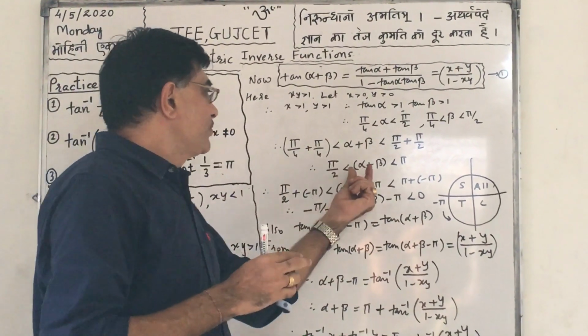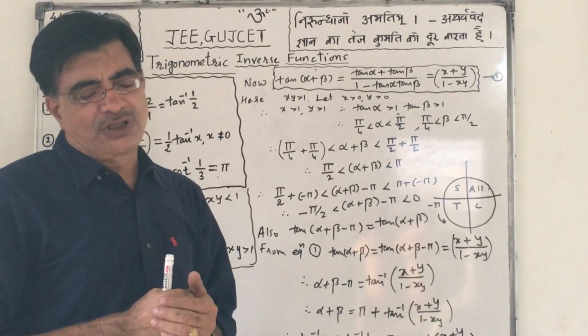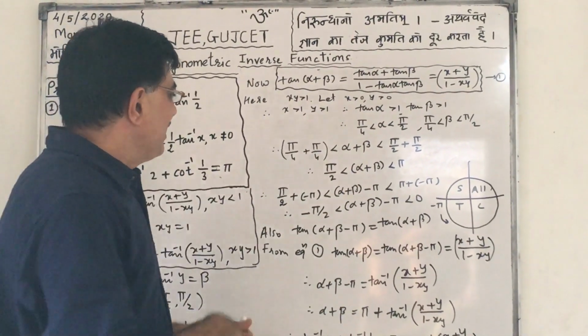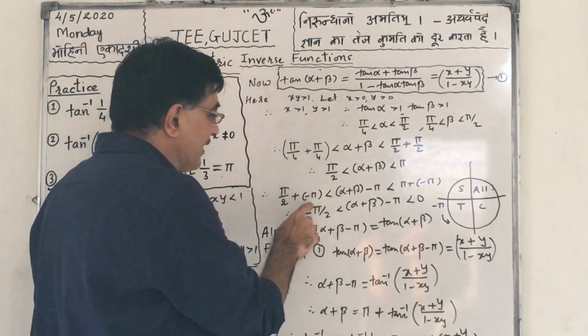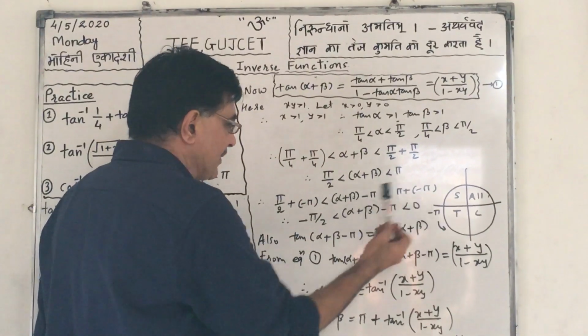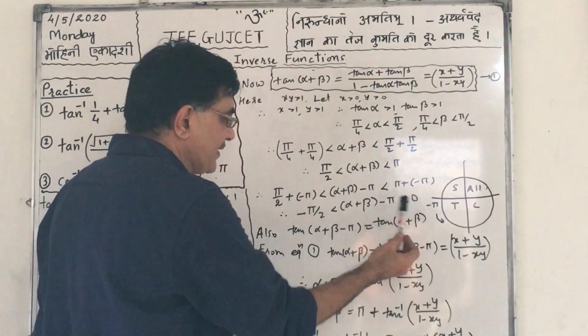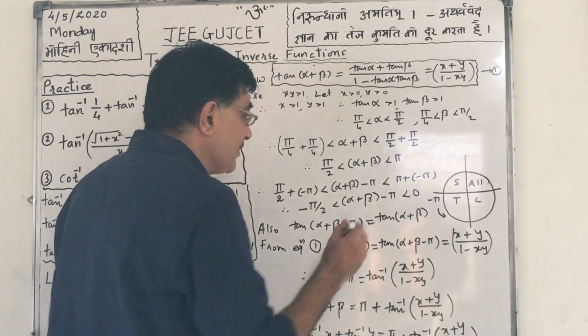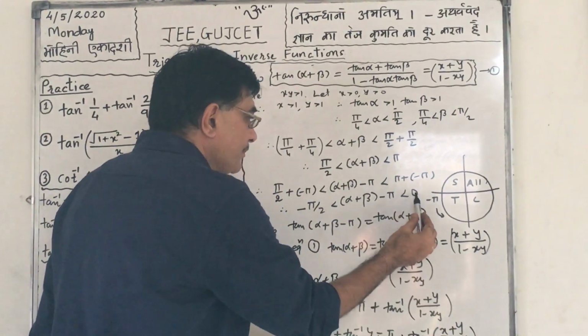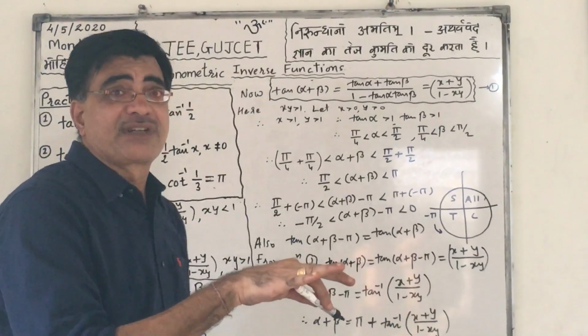So in order to get an angle in the range of tan inverse, we will add minus pi here. So pi by 2 plus minus pi, alpha plus beta plus minus pi, pi plus minus pi. This will become minus pi by 2, this is alpha plus beta minus pi, this is 0. Now this angle, alpha plus beta minus pi, is between minus pi by 2 and 0. So it is inside the range of tan inverse.